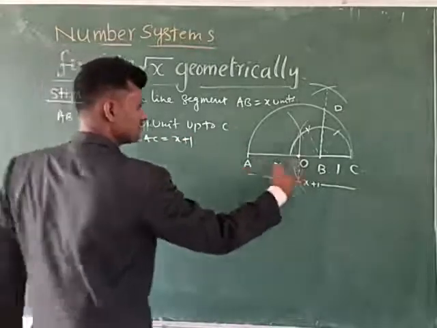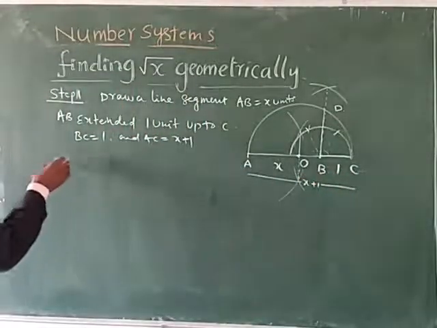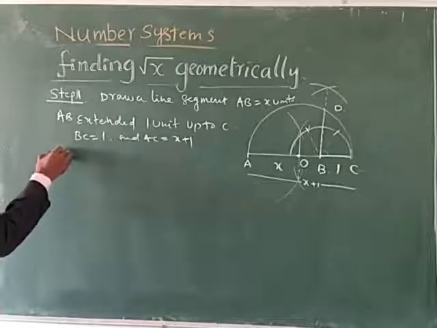Here AC means AB plus BC is equal to x plus 1 unit. Now draw the bisector of AC.